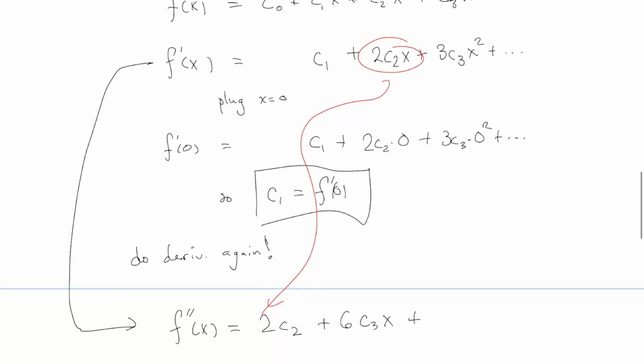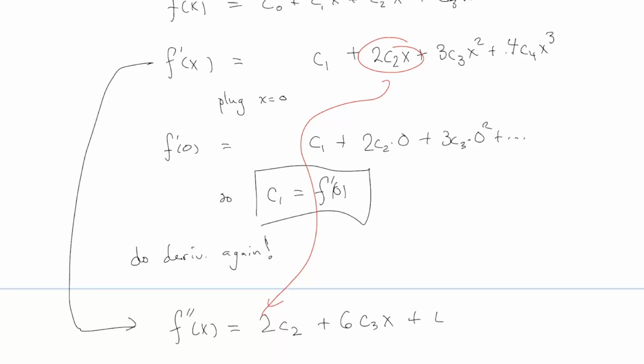Maybe just for the sake of continuing here, could we write just one more term? The next one, if I had written it, would have said 4c4x cubed. That comes from taking the derivative once. And if I did the derivative again in this step, the 3 comes down and multiplies on the 4. This will now be 12c4x squared.